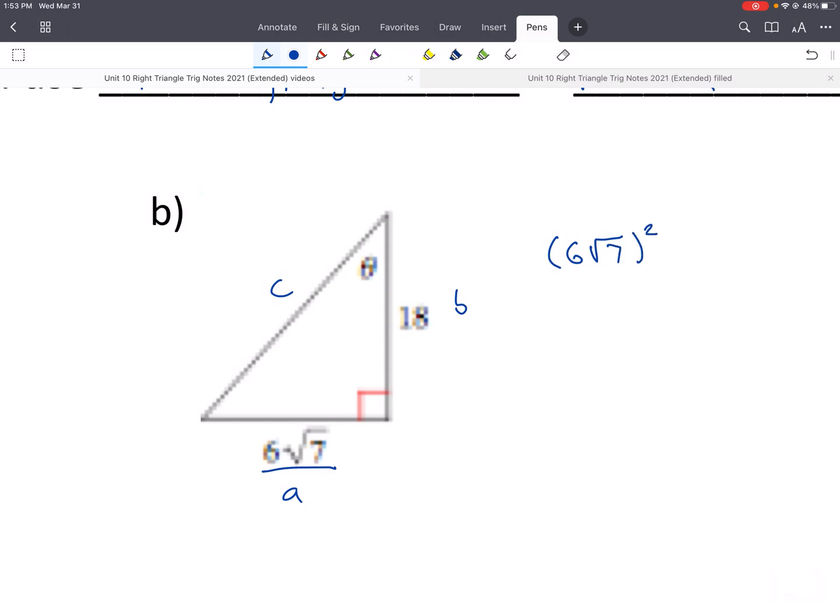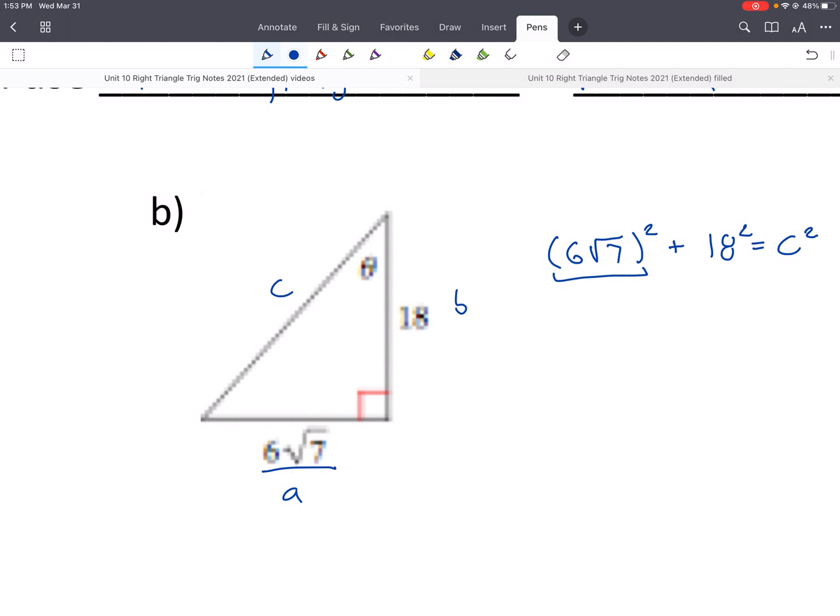If you don't have the parentheses, it's only squaring the square root of 7. It's not squaring the 6. So keep that in mind. And then we'll do 18 squared is equal to c squared.